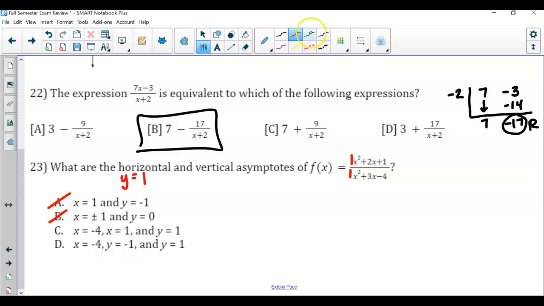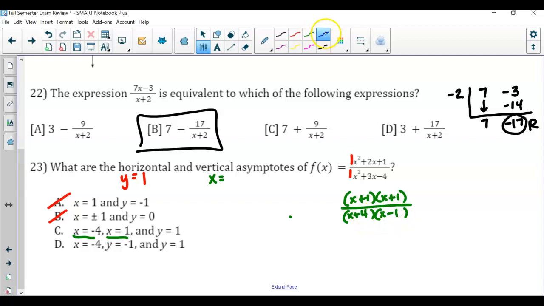So I'm going to go back, though, and make sure that we do end up with these vertical asymptotes at x is equal to, and we're saying we have 2 of them. Then just like before, we're going to factor. I've got x plus 1 times x plus 1 over, then factor the denominator. So this is x plus 4 times x minus 1.